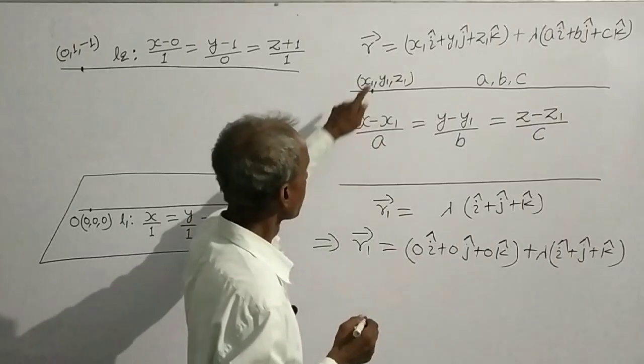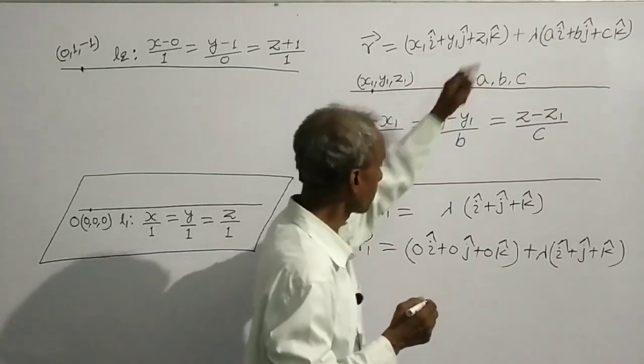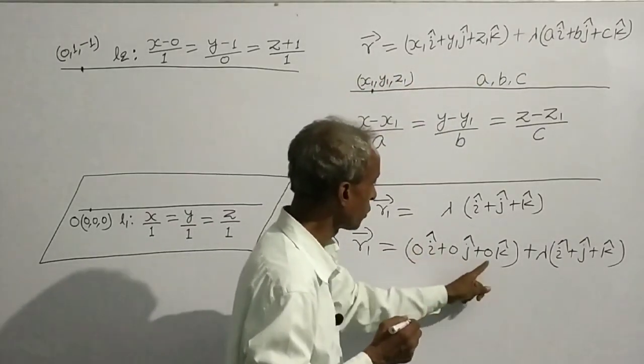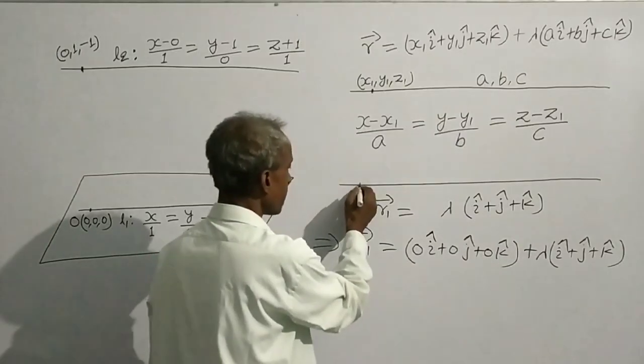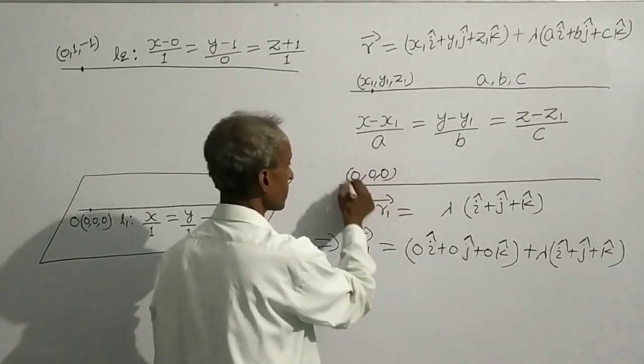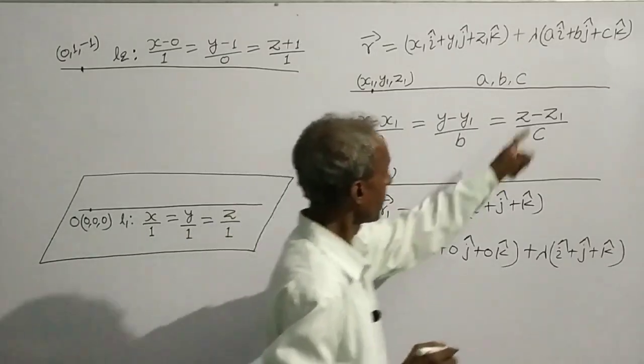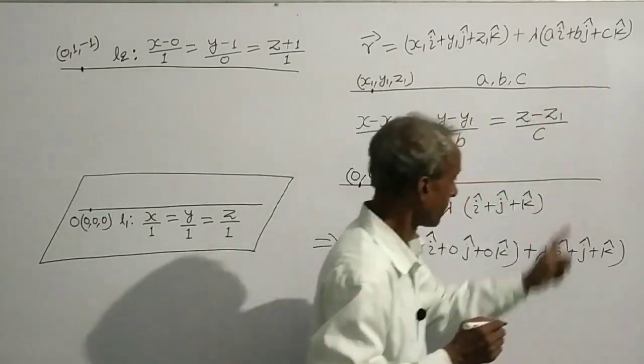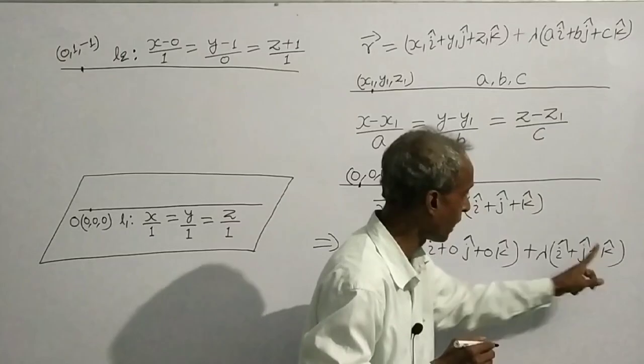In place of x1, y1, z1, here is 0, 0, 0. That means this line passes through origin. In place of A, B, C, here is 1, 1, 1.